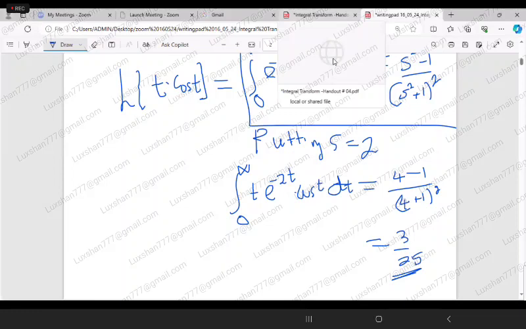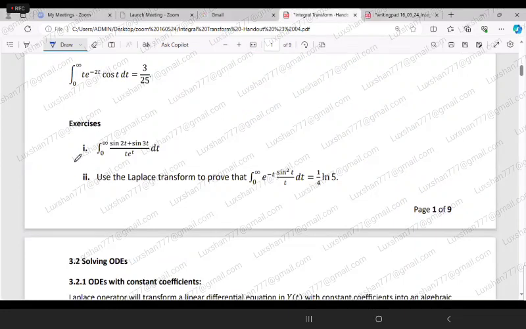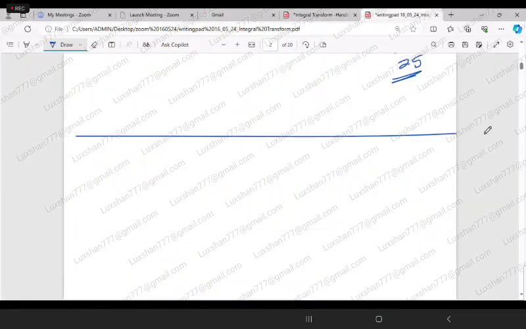If you understand, tell me whether you understand or not. Yes, sir. Right. So now I have put some exercises here. So please try this one. And shall we do the second one? The second one is a homework problem.